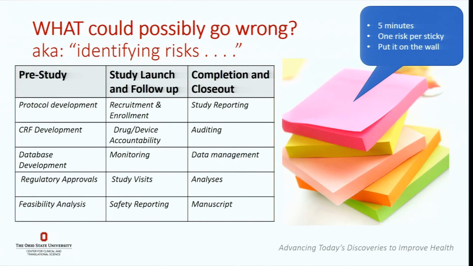So let's take 5 minutes to just jot down on your 5 little pieces what could possibly go wrong. And then this is a chance to get up and walk around, since I'm the last speaker before lunch, and stick those things on the sheet, because I really want us to create the visualization that there are risks in trials and to really think about it.